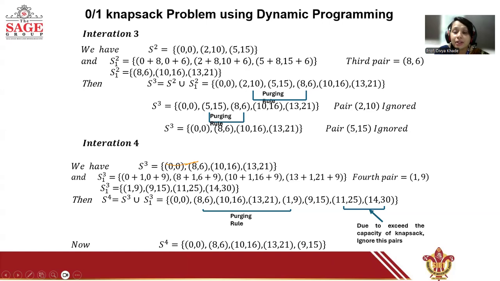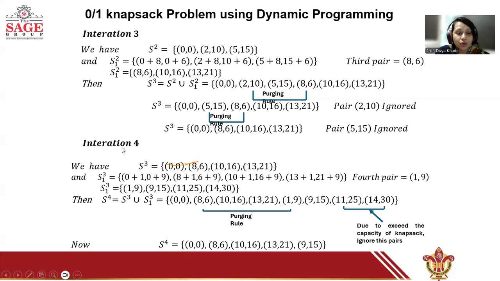Clearly we can say that here we can apply the purging rule. So we have to remove this type of sets from our set method union. After the third iteration, the final resultant sets that remain are 0 0, 8 6, 10 16, and 13 28. All are different from each other as well as lie in the category of knapsack capacity.